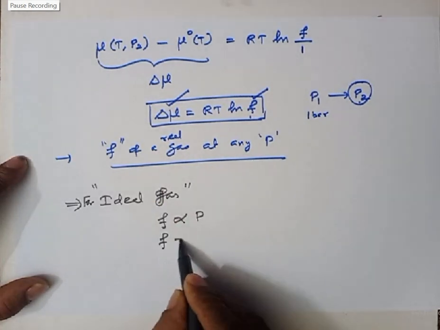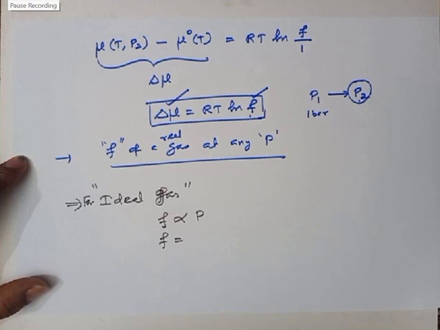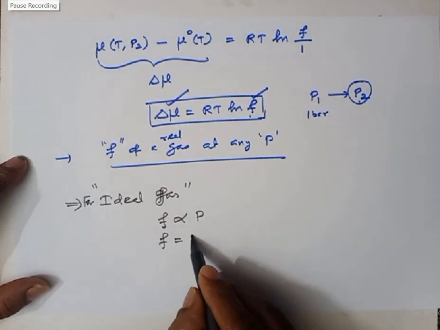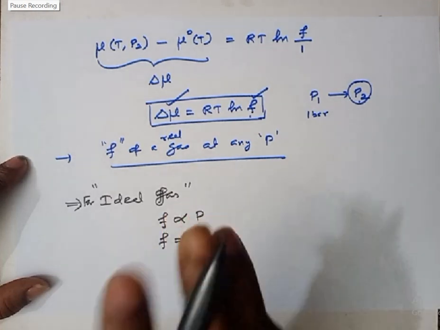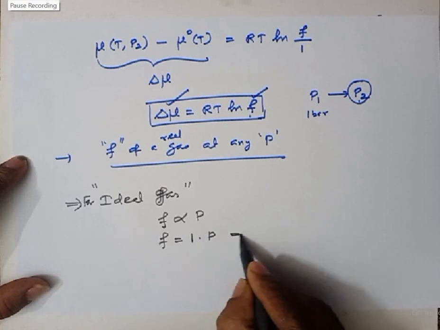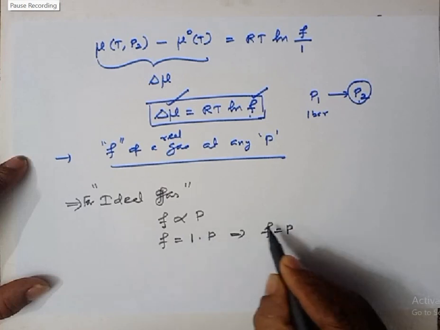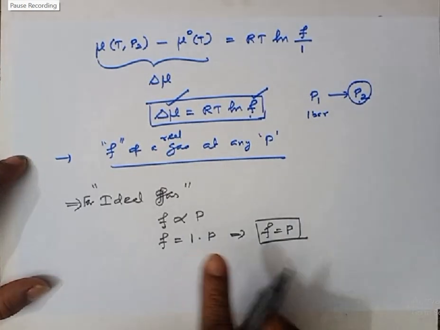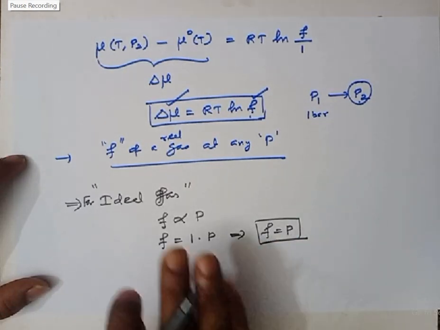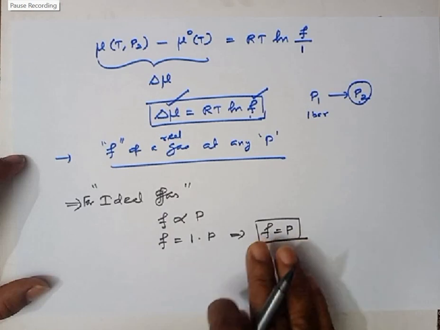If I equate this, add one constant, that proportionality constant is taken as 1 into P. Therefore, you will get F is equal to P. For ideal gas, fugacity and pressure are one and the same.